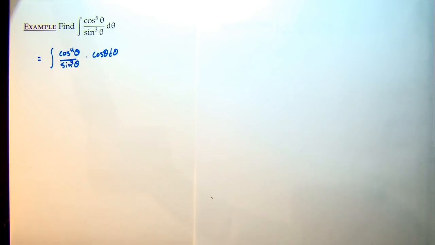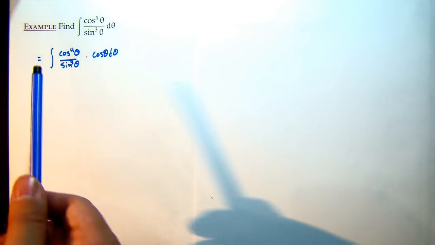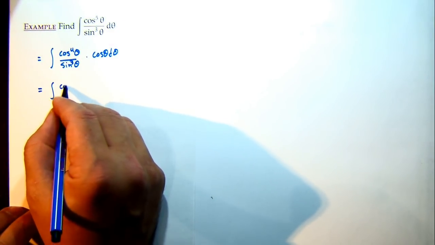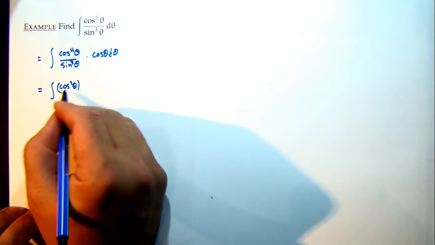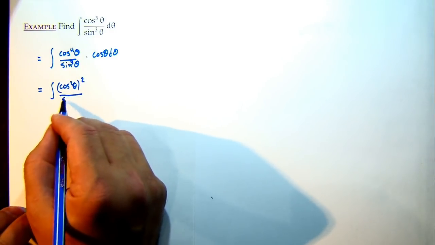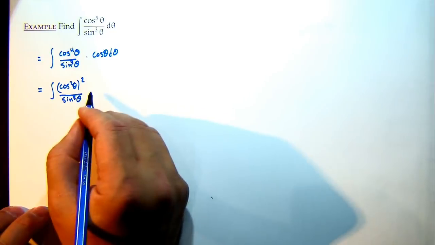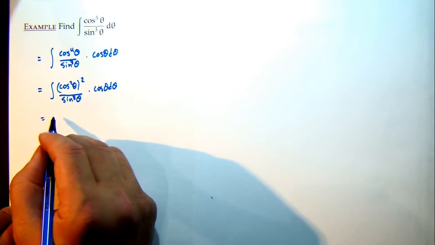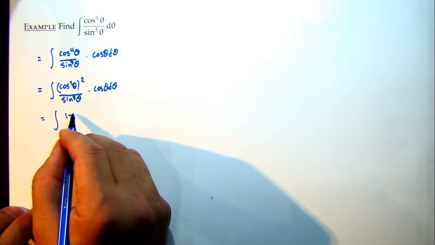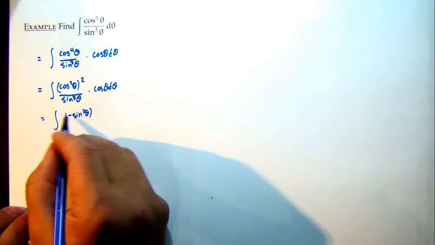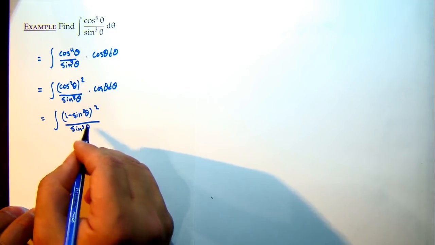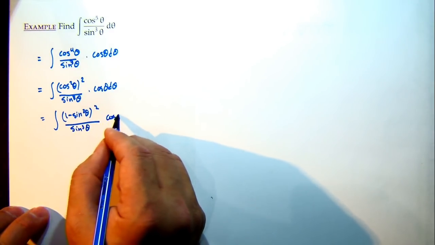So I need to make sure everything is in terms of sine. Now cosine to the 4th is cosine squared, squared, over sine cubed. And of course, cosine squared is 1 minus sine squared, so we get 1 minus sine squared, squared, over sine cubed times cosine.